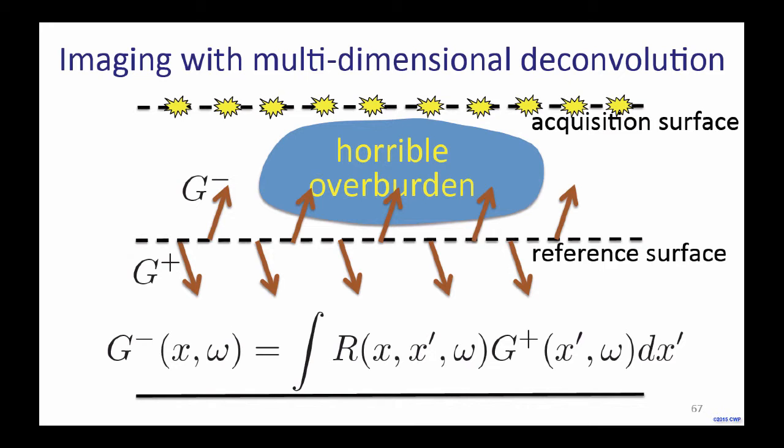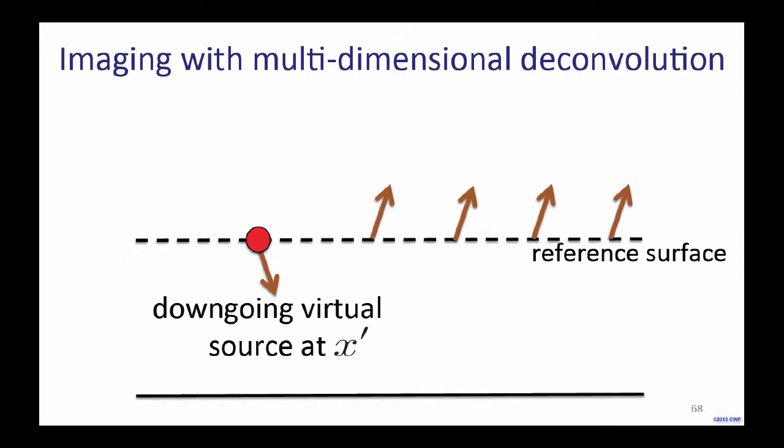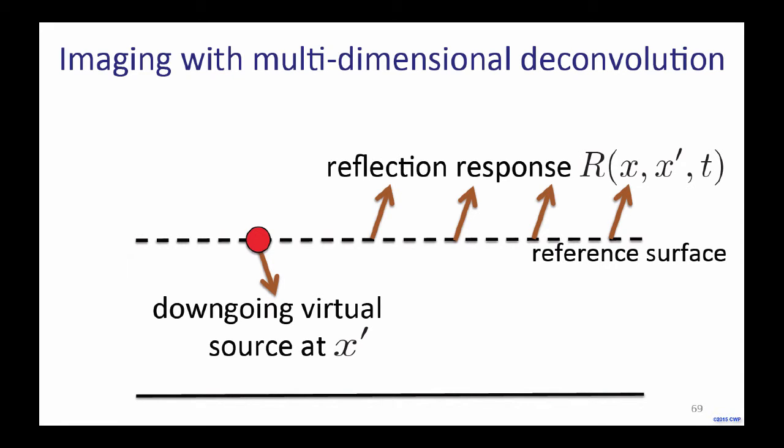And this is what is called multidimensional deconvolution, which has been spearheaded by the Delft group, with whom we closely collaborate. So what does that operator do? It basically gives you the response to a downgoing virtual source at the location x prime that is recorded on all other locations x on your reference surface. That is now what you have obtained.